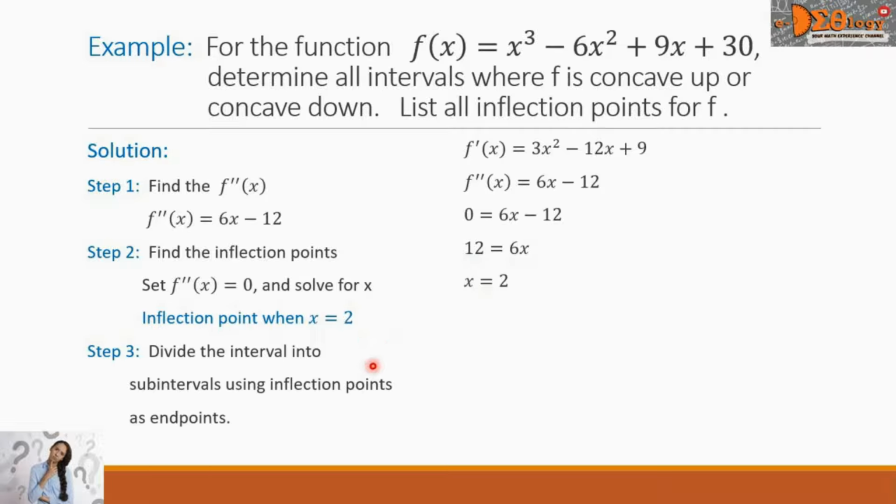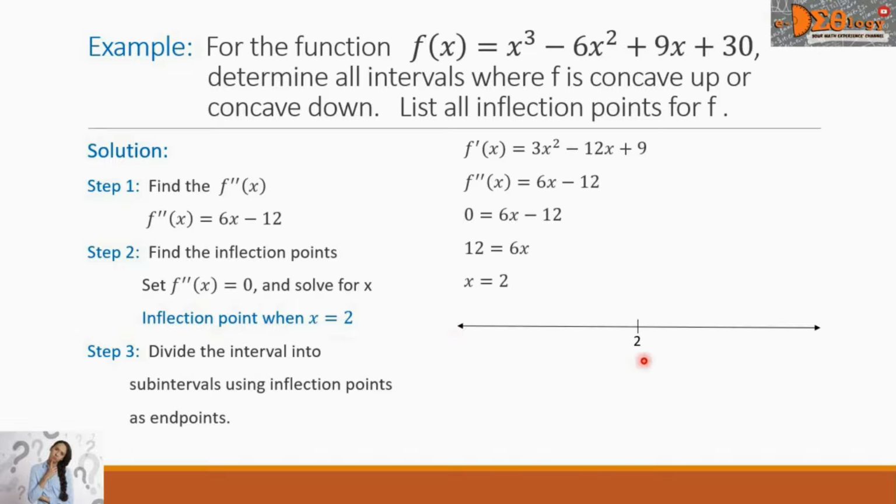Step 3. Divide the interval into sub-intervals using inflection points as endpoints. Initially, the interval is all real numbers. So first, let us write our x-axis, and we put the number 2, being the inflection point, in the middle.